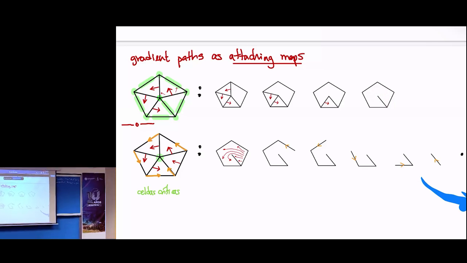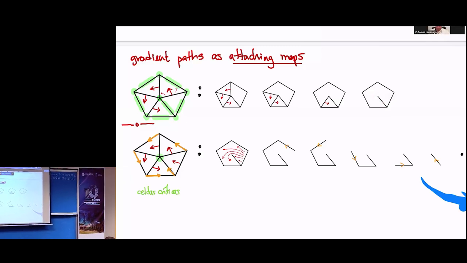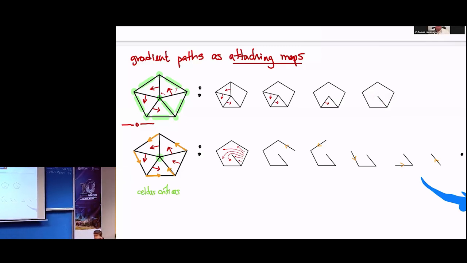But of course, in all this, this point stays here, and this point also stays there, and the rest has to be pushed. But it cannot be possible because the whole line that you're pushing is connected. And at the end, you will have to put it into a single point inside a pentagon, and this is disconnected. So topologically, this is not possible. So something goes wrong with this naive idea if I just try to keep on pushing things.